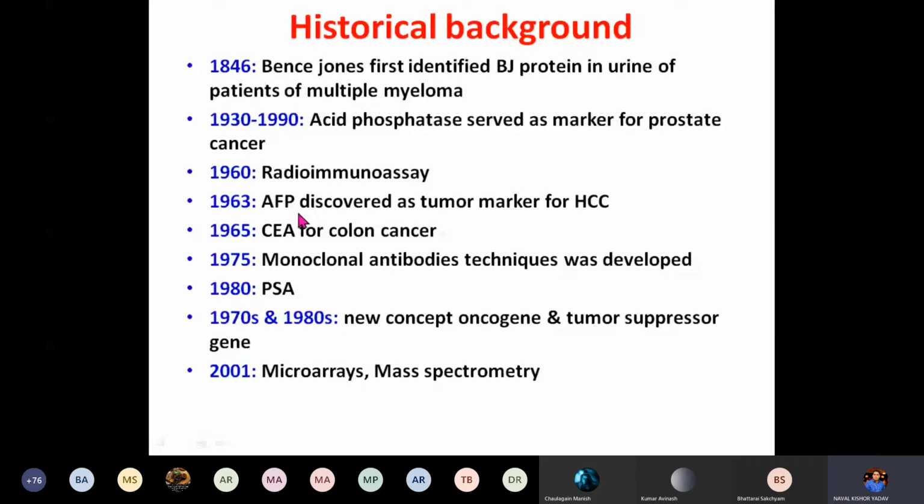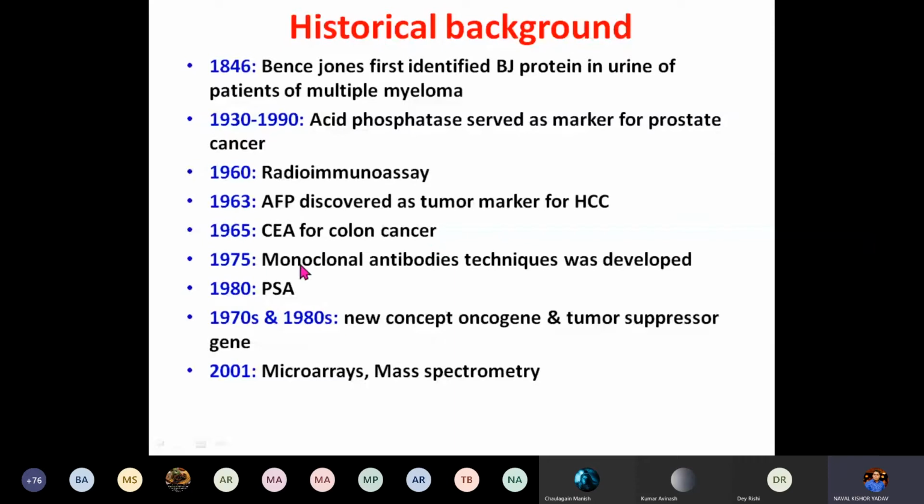In 1963, alpha fetoprotein, a tumor marker for hepatocellular carcinoma. In 1965, CEA for colon cancers. And in 1975, another technique was developed, the monoclonal antibody technique, which also helped in finding different new tumor markers.